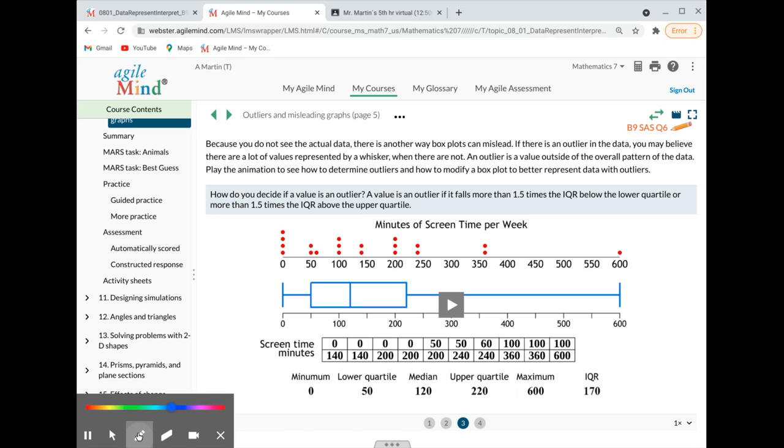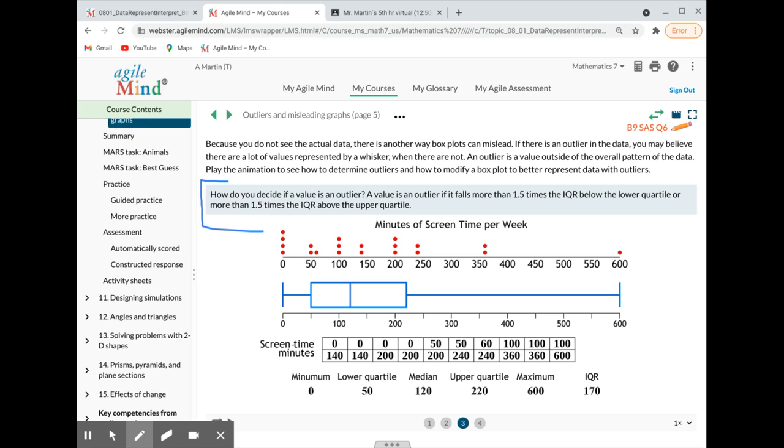Go ahead and read that, Devin. How do you decide if a value is an outlier? A value is an outlier if it falls more than 1.5 times the IQR below the lower quartile or more than 1.5 times the IQR above the upper quartile. All right.